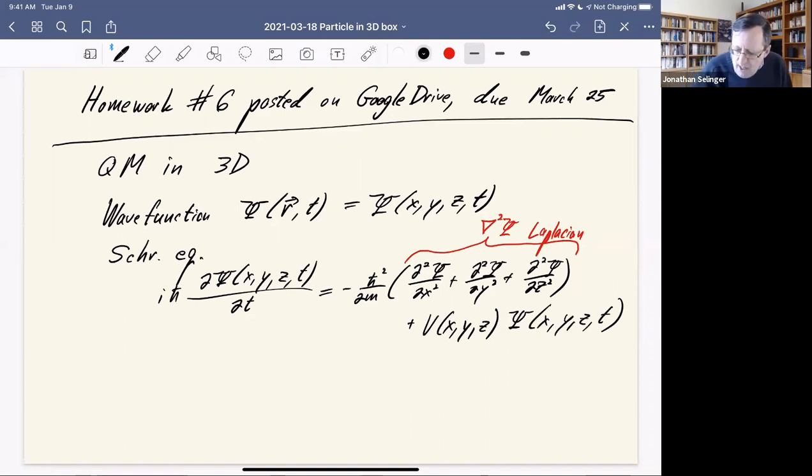This is a natural generalization of Schrodinger's equation in 1 dimension up to 3 dimensions, working in Cartesian coordinates, that is to say, x, y, and z.